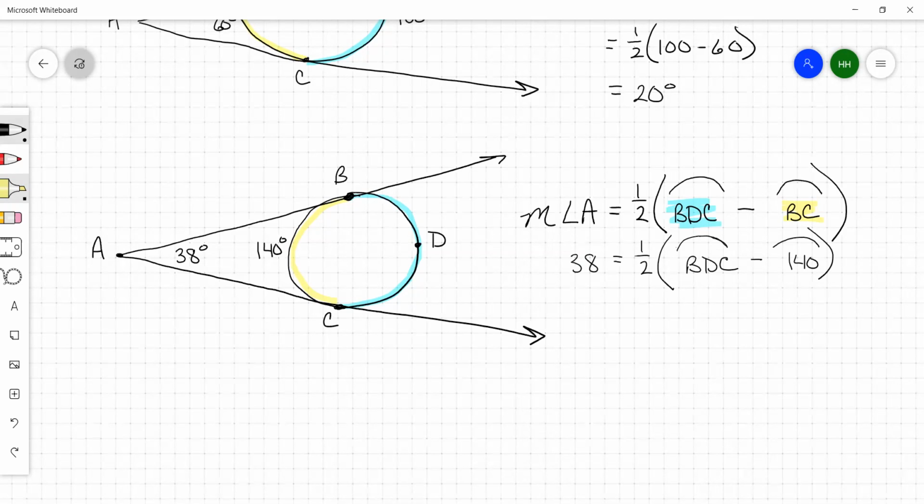We used this concept a little bit earlier. So if we divide both sides by 1/2, 38 divided by 1/2, 76 equals arc BDC minus 140.